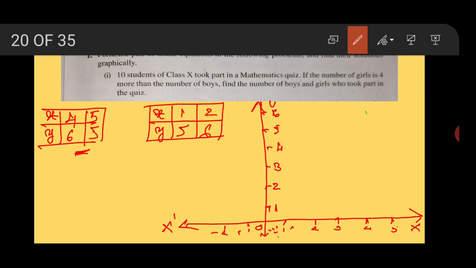It should be in the first quadrant. This is the point. Again, x value is 5, y also 5. This is the point 5, 5. Using the scale, join.